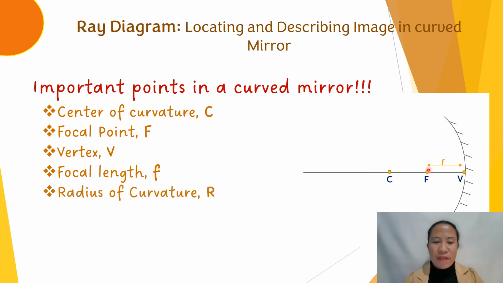And then the radius of curvature is the distance from the vertex to the center of curvature. The line where all the points lie is called the principal axis.